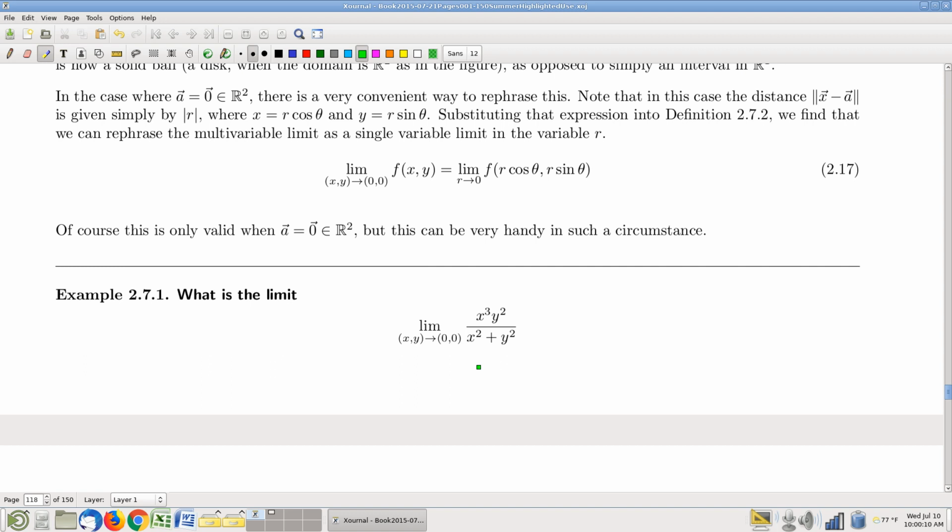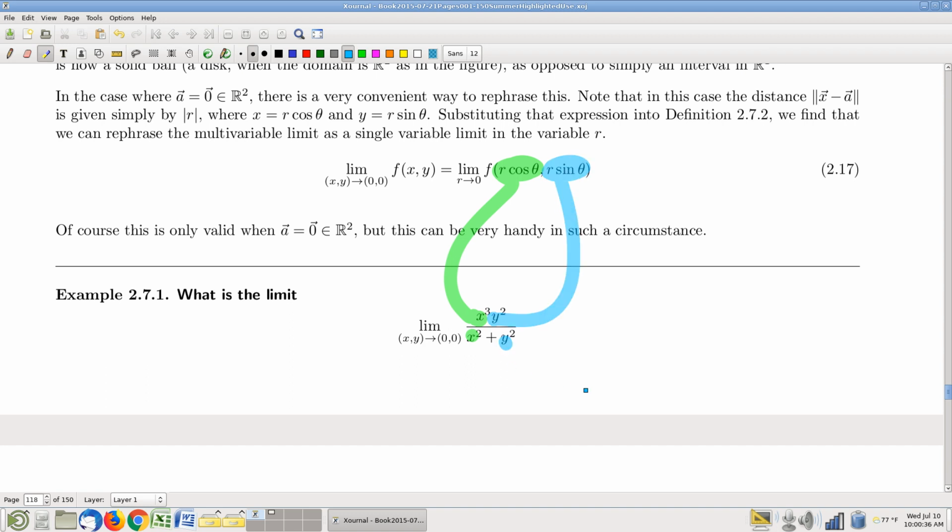Well, we are approaching the origin, so I'm going to replace the limit with r approaching 0. Everywhere I have an x, I'm going to put r cosine theta. Everywhere I have a y, I'm going to put r sine theta.